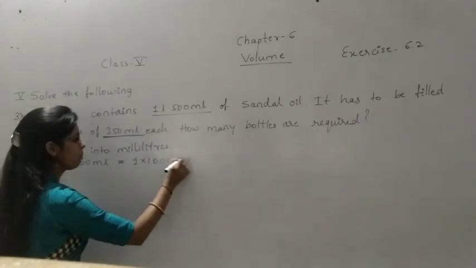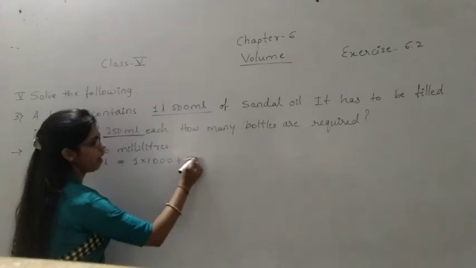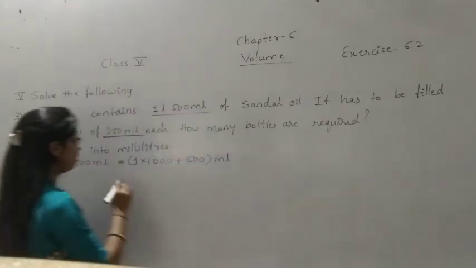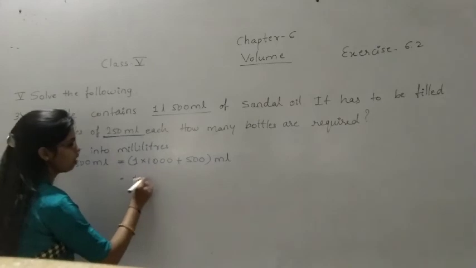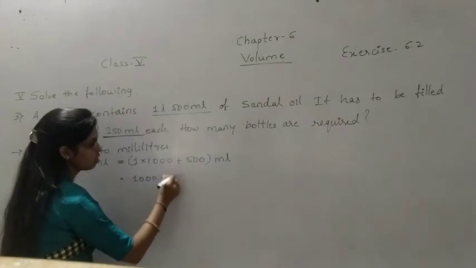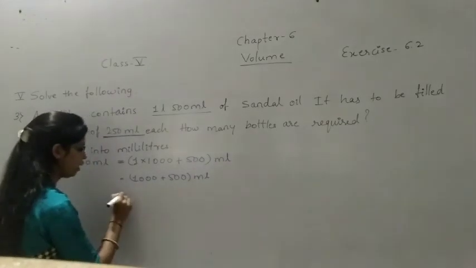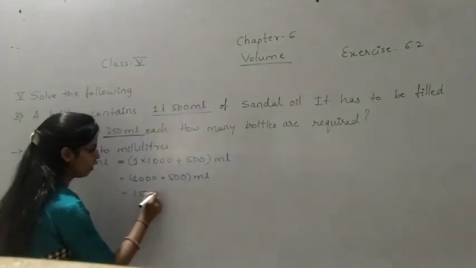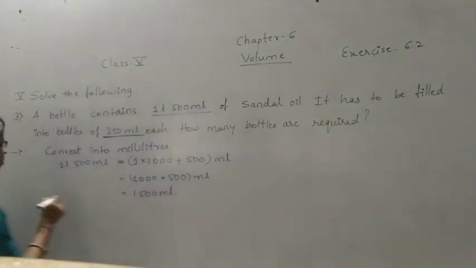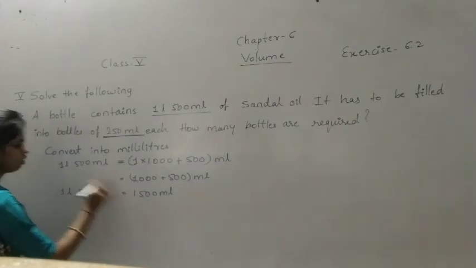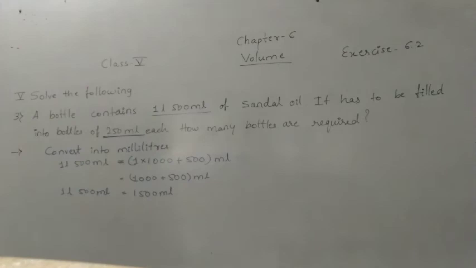This is the conversion to milliliter. That is 1000 plus 500 milliliter. That is 1500 milliliter. 1 liter 500 milliliter is equal to 1500 milliliter.